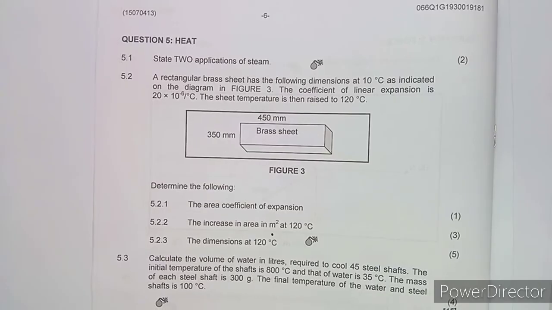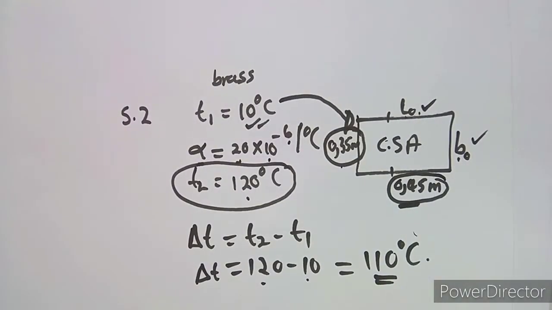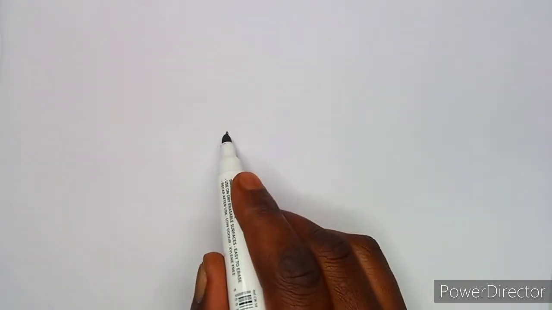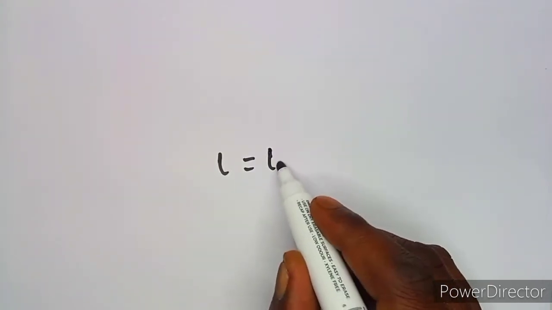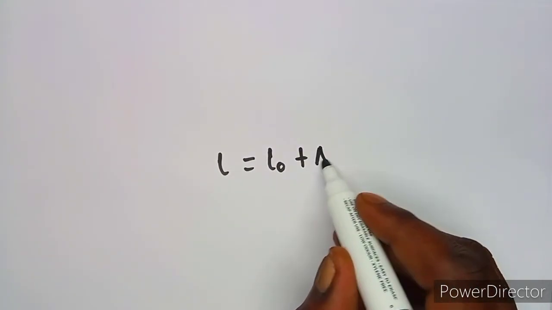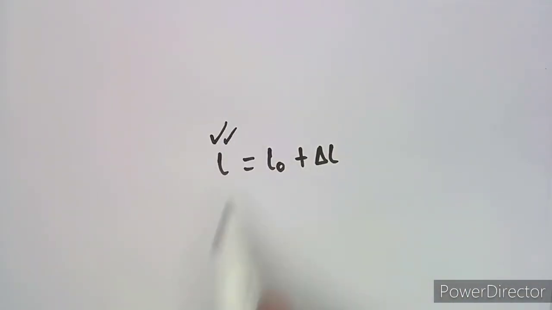What are we going to have there as our new dimensions? Okay, so this is what we are going to do. We know that the new dimension, which is maybe its length, is equivalent to the original length plus the change in length. This is the new dimension.